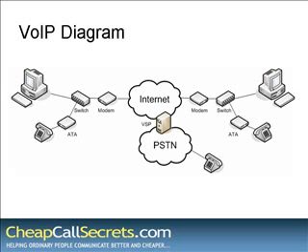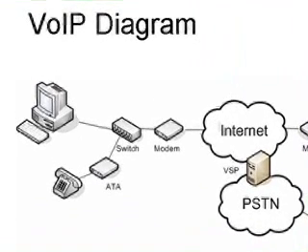So this is the basic diagram of how you set up your VoIP. Basically, if you want to use your computer, you don't have to change anything. So normally you have a modem at home to connect to the internet, either using cable or ADSL broadband modems. The modem will connect to a switch, so you can share the connection.